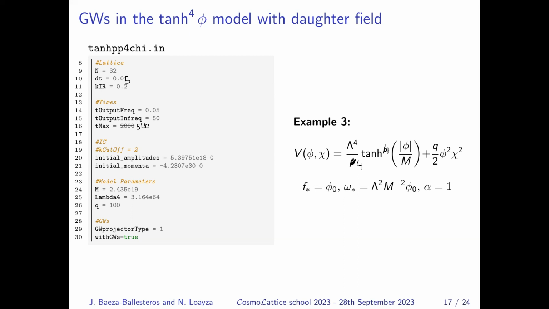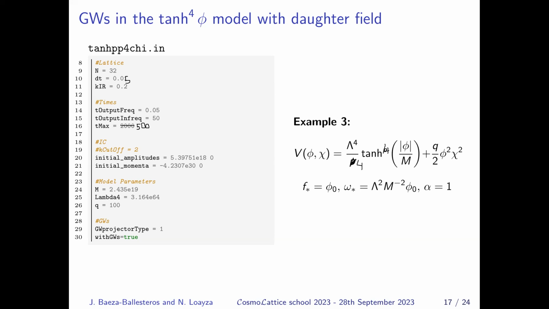On the other hand, people with full GR codes have simulated these scenarios as well, and the outcome is pretty much the same. So linearized gravity, or absence of back reaction of gravitational perturbations on the matter field dynamics, is a very, very good approximation.